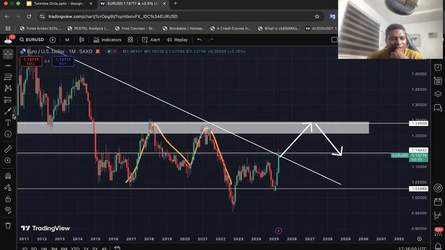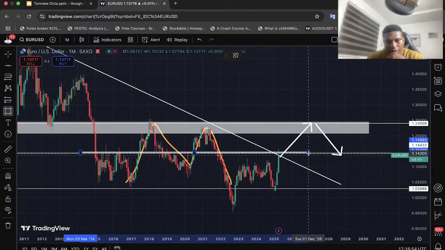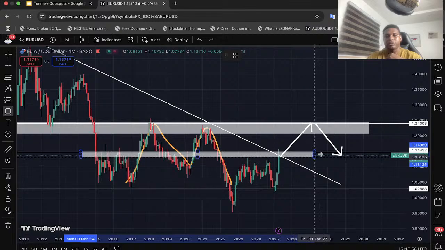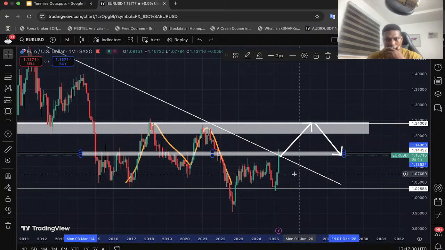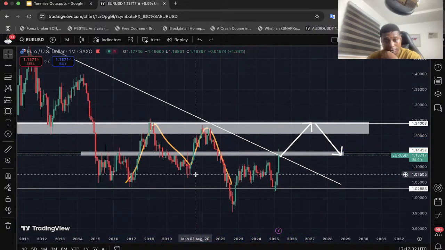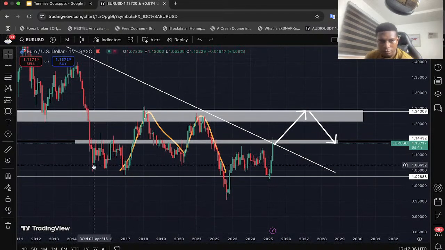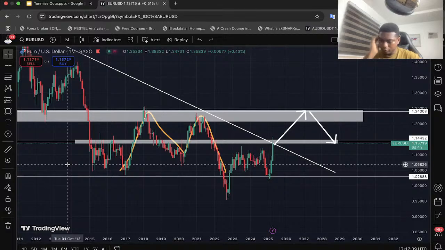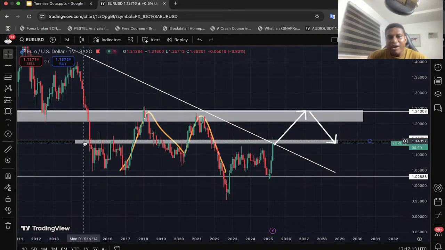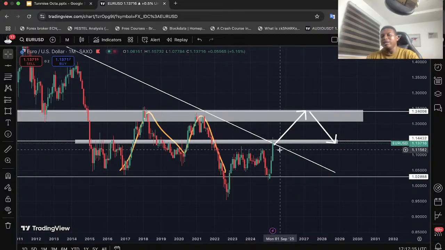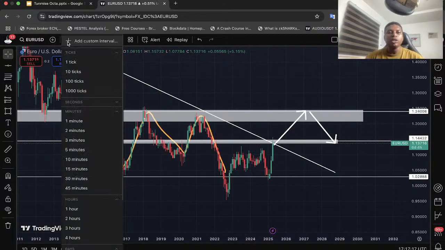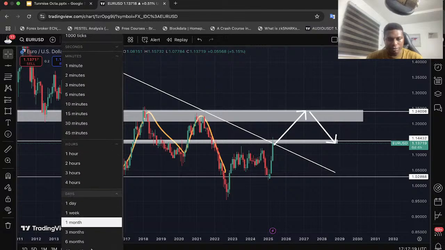So let me make it more obvious for us and just put something here. Now we are able to see that there is a minor resistance zone here. Let's go down to the weekly time frame.